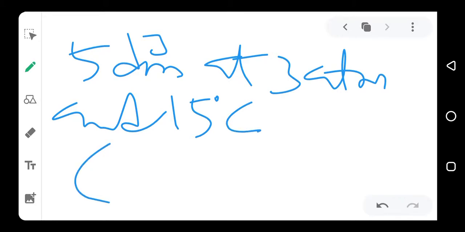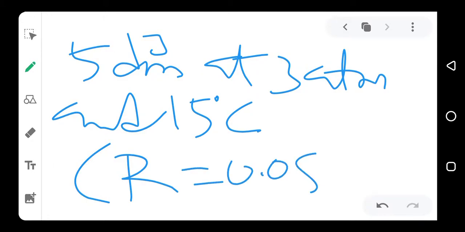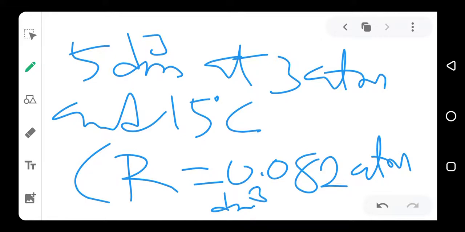Now we are given that gas constant R is equal to 0.082 atm dm cube per Kelvin per mole.